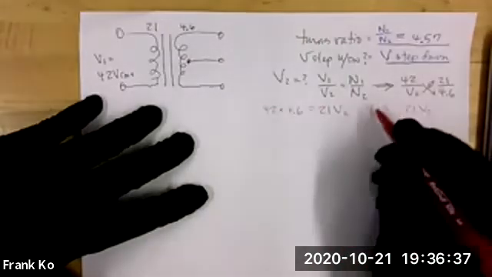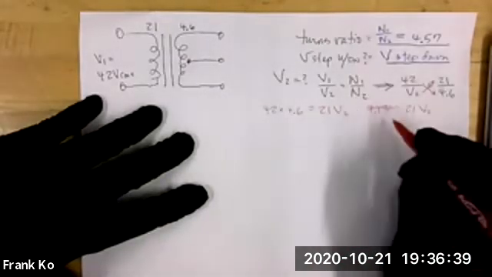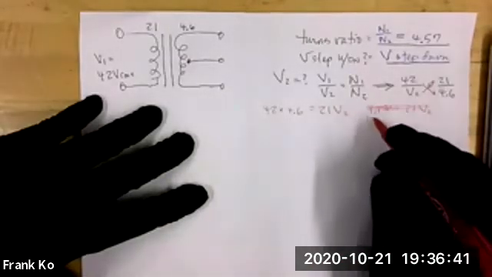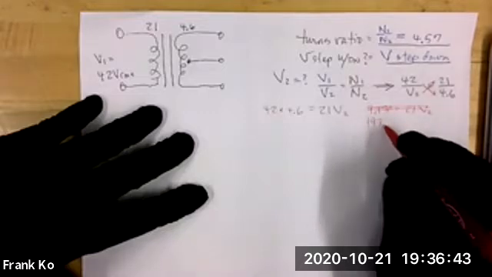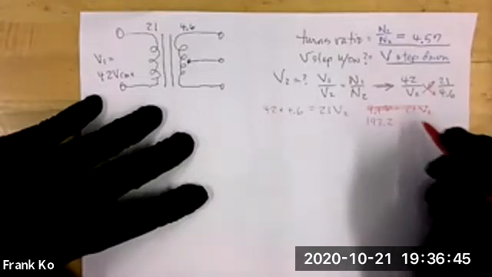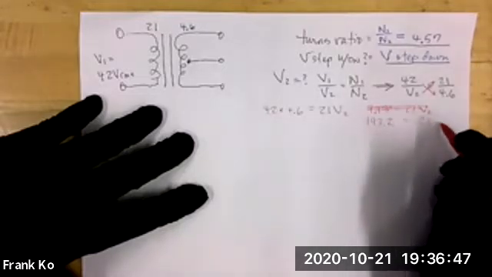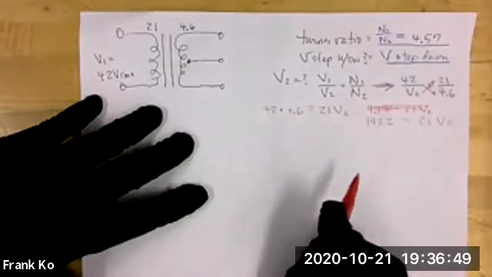You end up with 193.2 is equal to 21 V2.